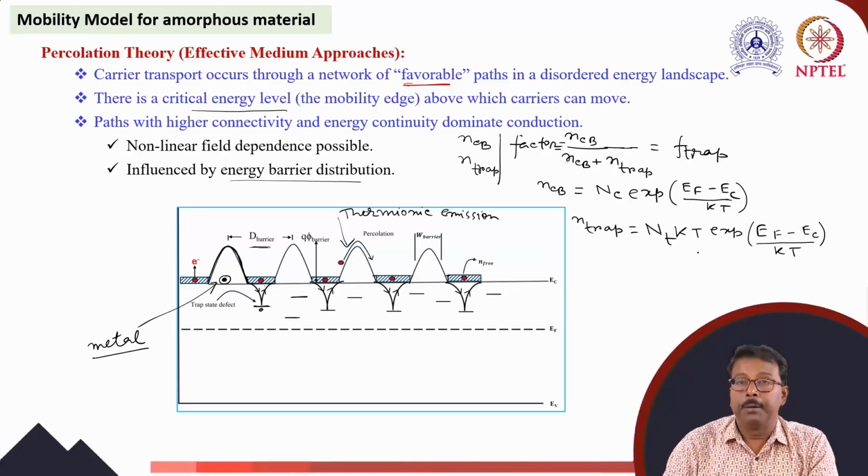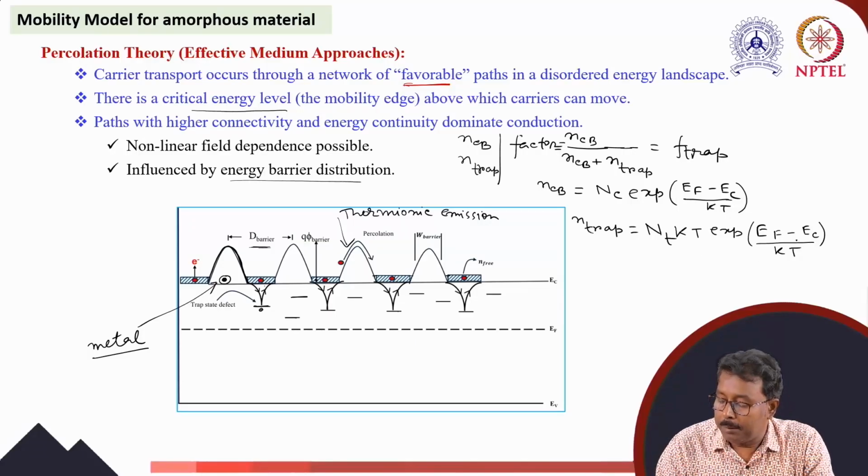This can be derived from this equation. So if you can determine this factor, it should be multiplied with the original mobility model for the bulk.